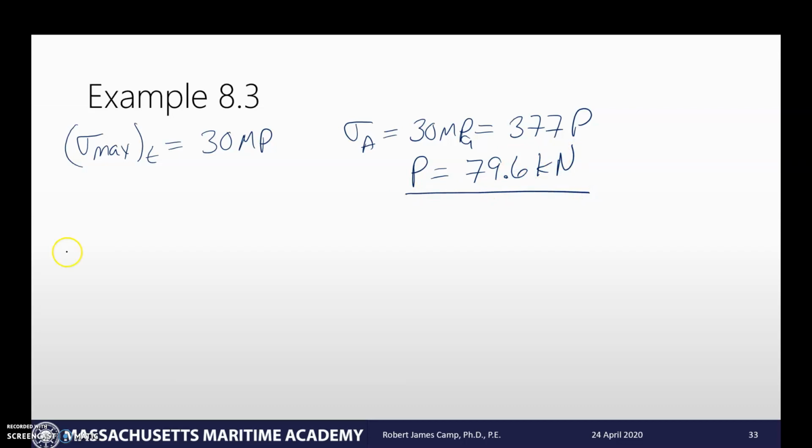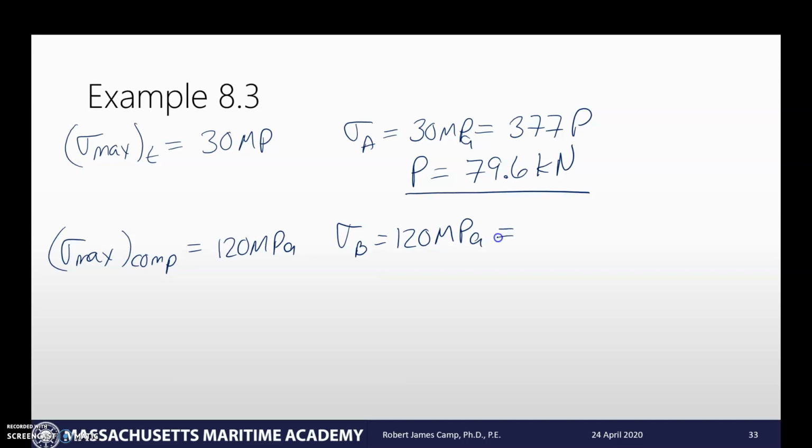Now if we look at our maximum stress on the compressive side, the problem stated that we have 120 megapascals. So the stress at B is going to be 120 megapascals, and we've got negative 1559P.